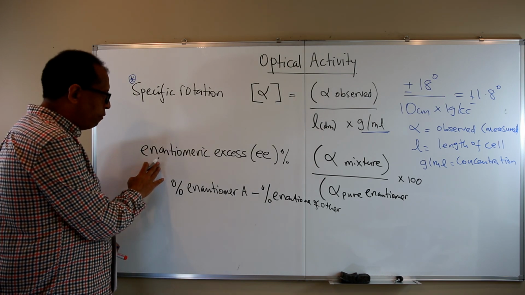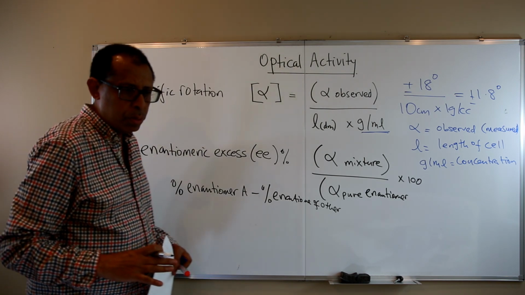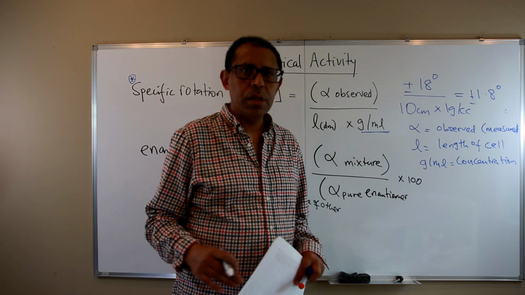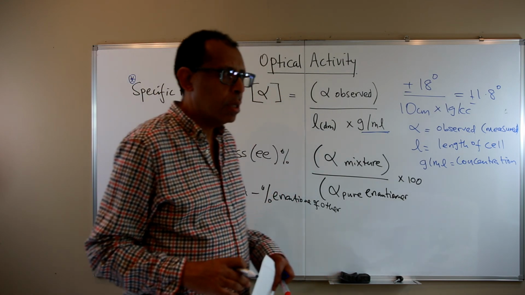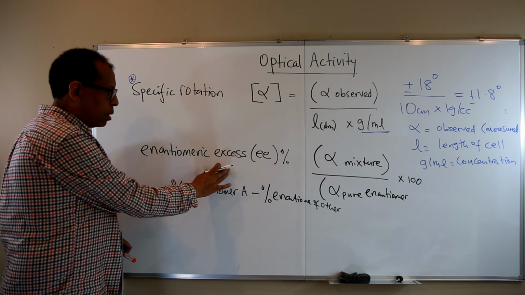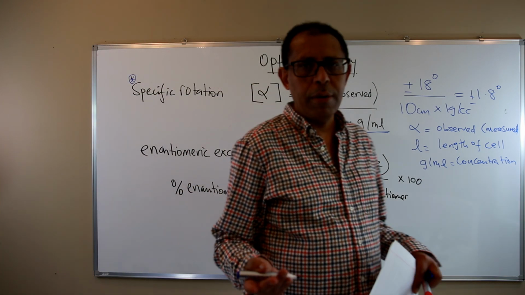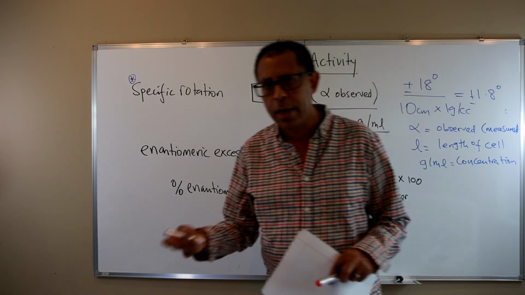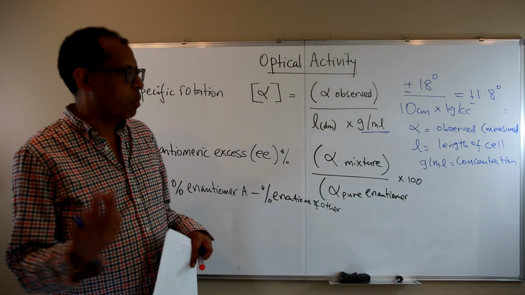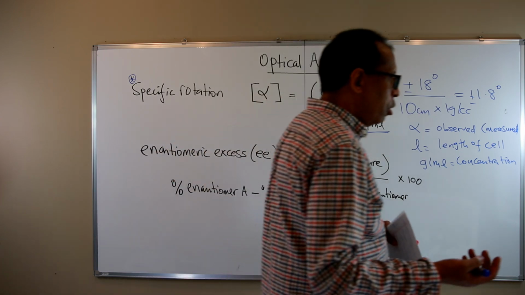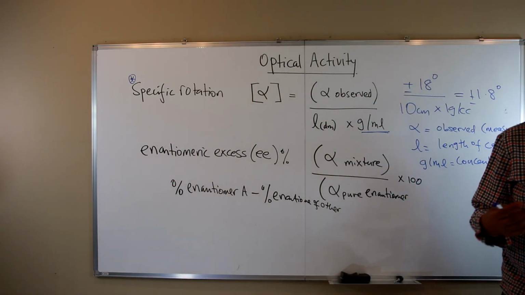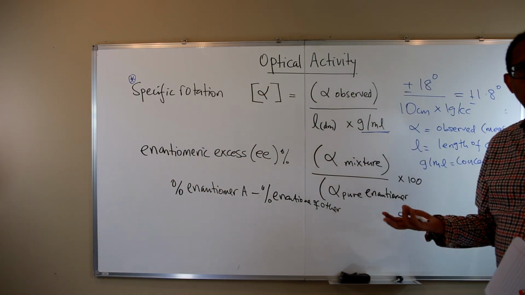The other value we also run into when we discuss stereochemistry is enantiomeric excess. A 50-50 mixture of R and S is called a racemic mixture. But you don't always get a 50-50 mixture, or one over the other.